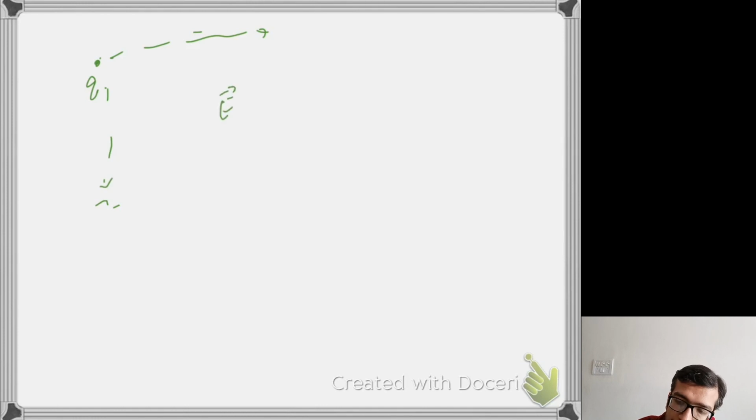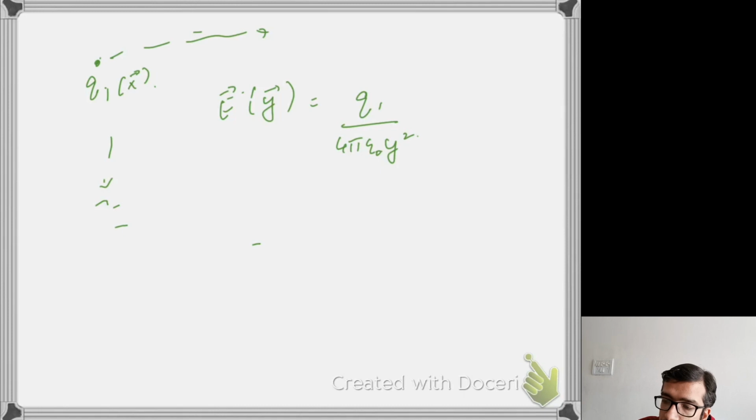So let's say that q1 is located at a point x, then at any point y, the electric field is given by q1 upon 4 pi epsilon naught times the squared norm of y minus x, times the unit vector in the direction from x to y. I'll just write this as y minus x over the norm of y minus x cubed.